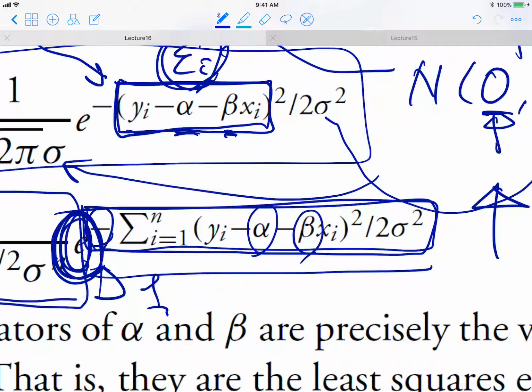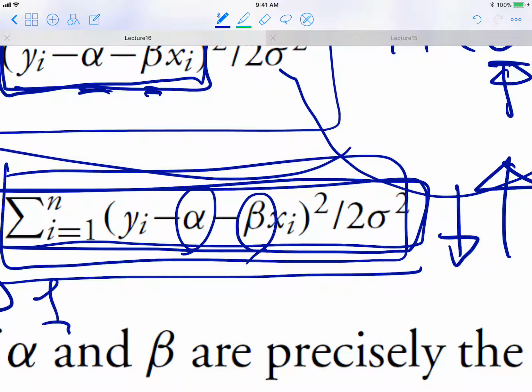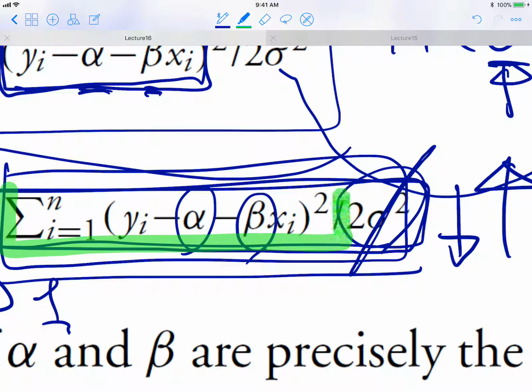And then we have a minus here, and so this part should be minimized. Okay, and then this guy is just a constant, so we can just ignore it, and then we now have this part to be minimized based on the maximum likelihood estimation principle.